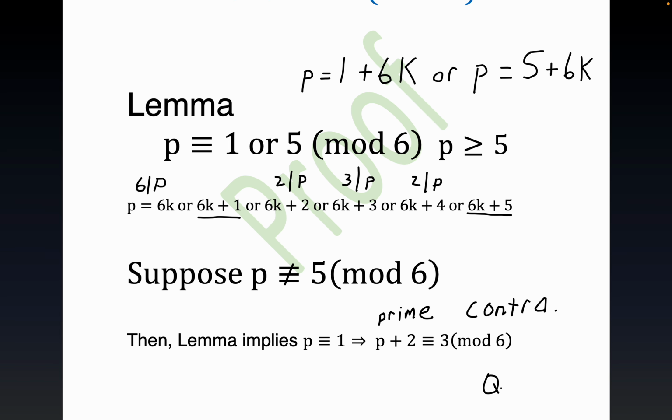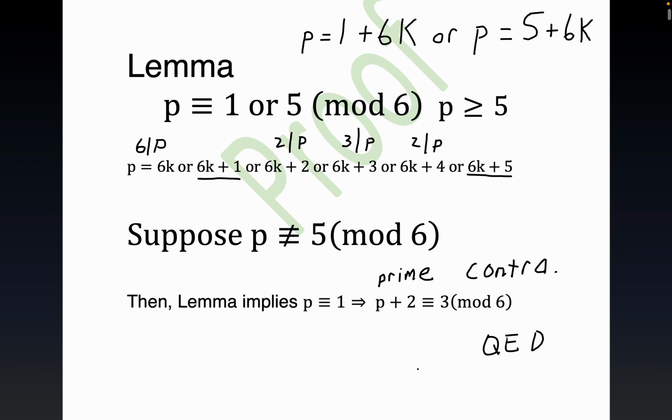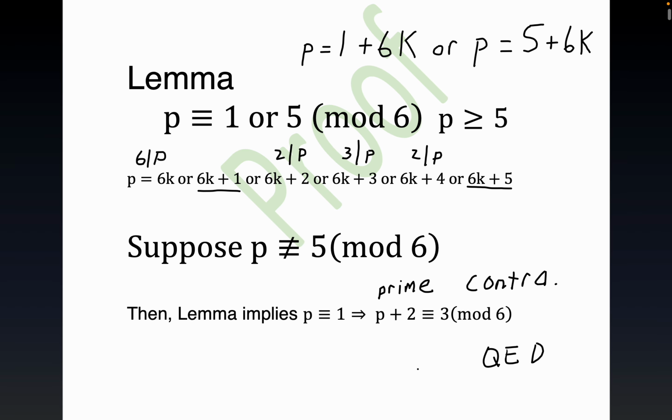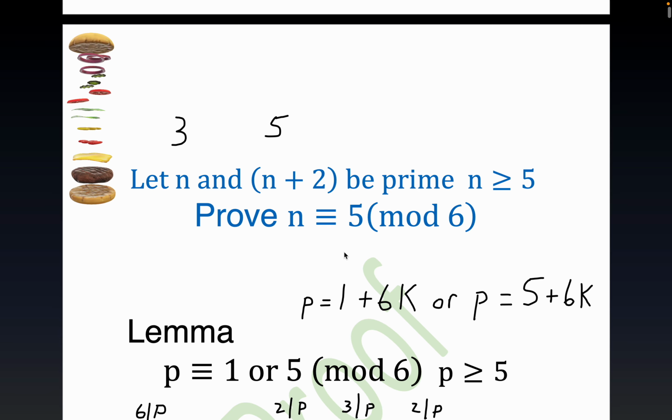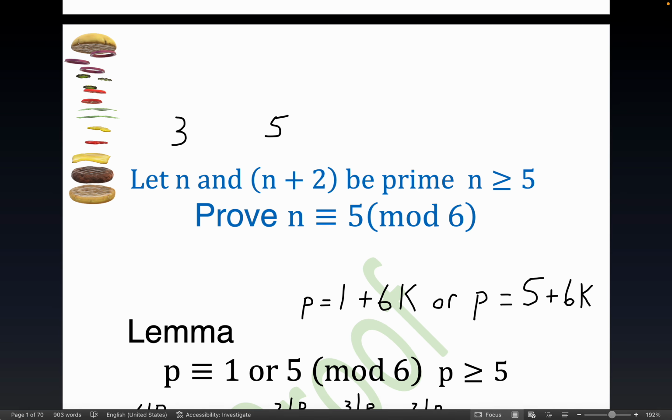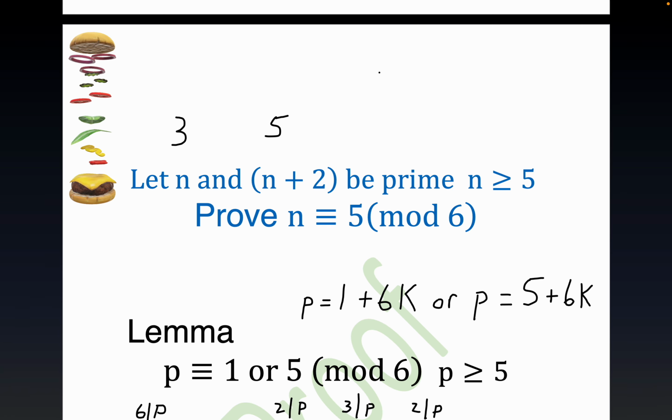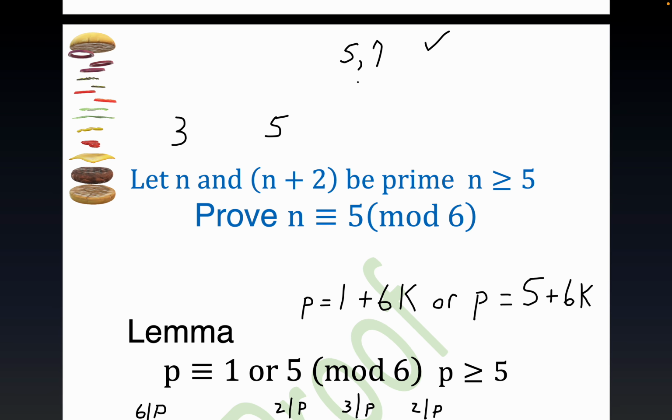Now let's look at a few examples, just for believability. So the proof is completed, let's go back up to some examples. We've already shown you that 3 and 5 can't work, but notice that 5, the first twin prime, checks. 5, 7, check. 5 is trivially congruent to 5 mod anything.